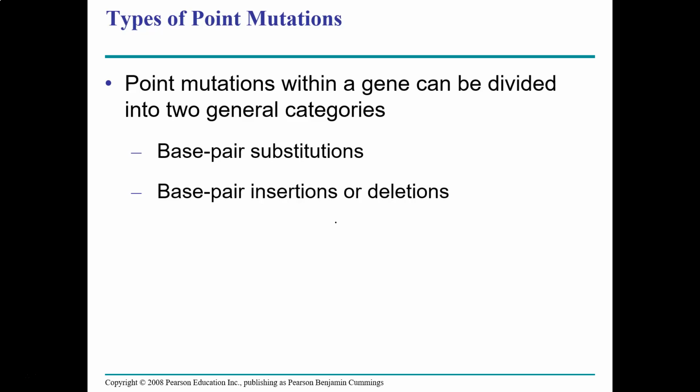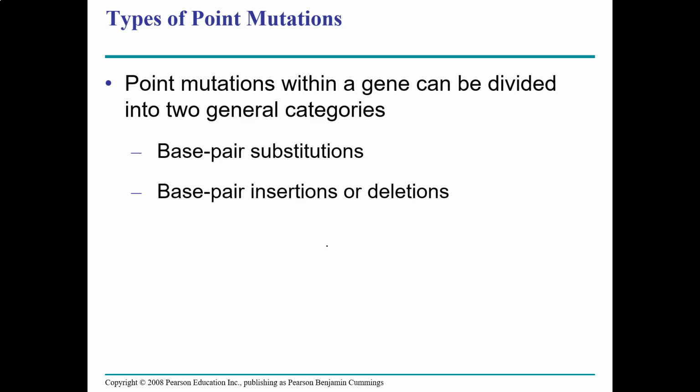That can change all the codons, and thus the amino acids in the protein. So the main point is that changing the sequence of the nucleotides in the DNA leads to changes in the messenger RNA, which often leads to changes in the protein.